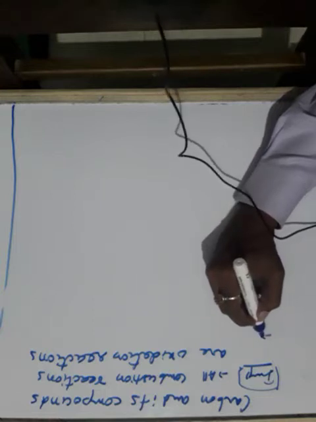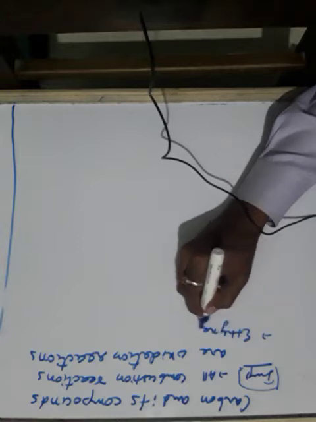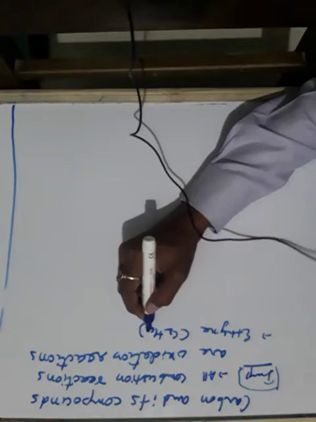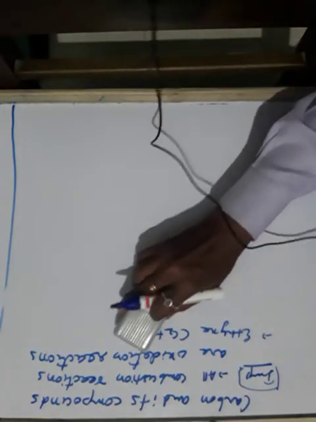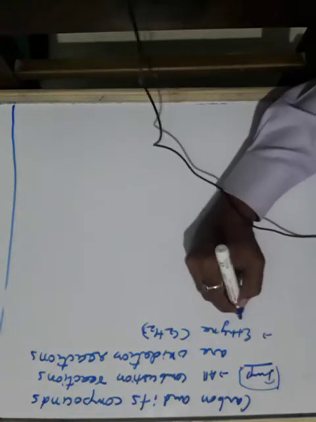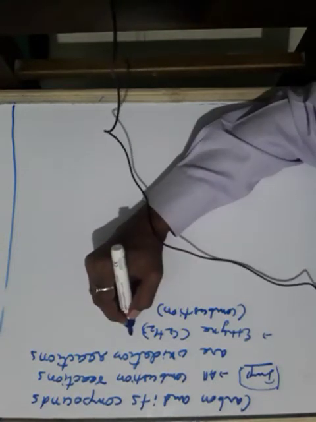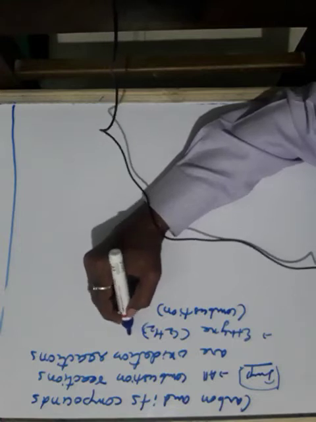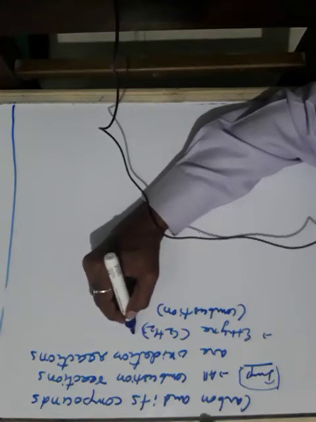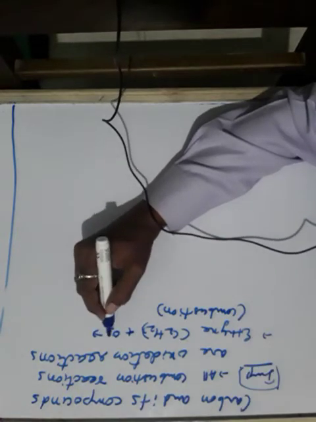Secondly, see, combustion of ethyne, it is C2H2, sorry, not C2H4. When ethyne undergoes combustion with oxygen, this one is used in what?